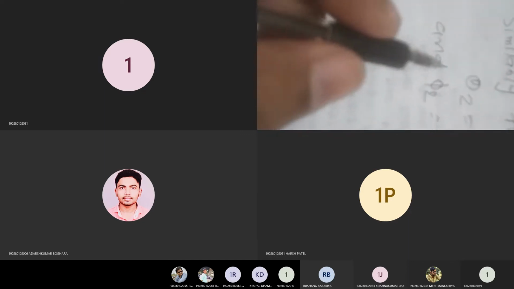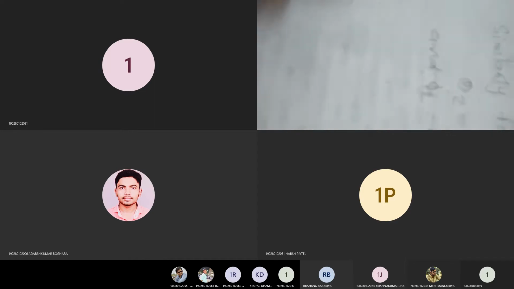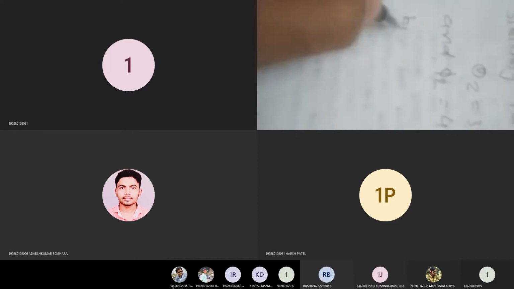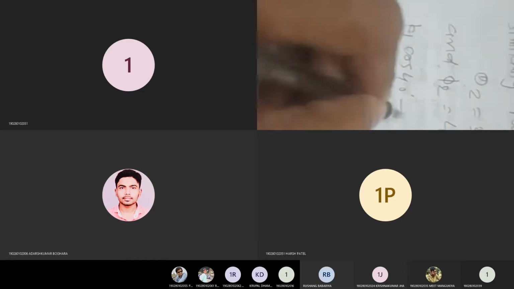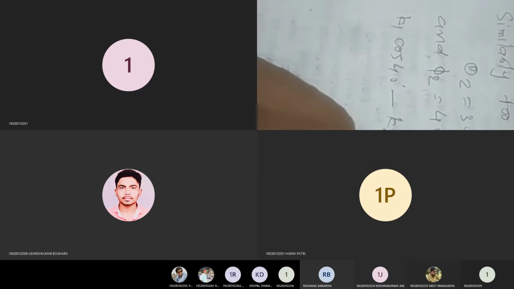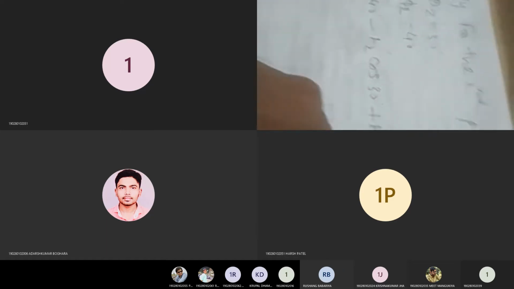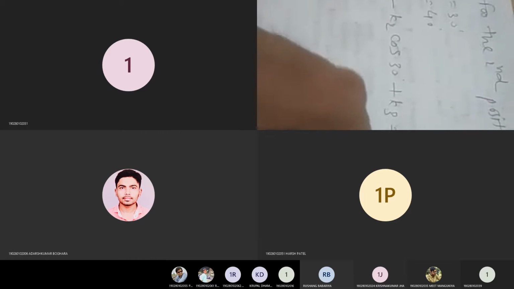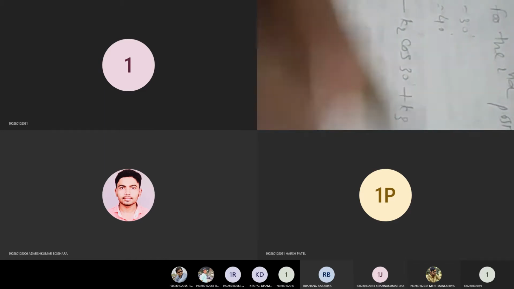In place of theta we put 30 degree, and in place of phi we put 40 degree. So k1 cos 40 degree minus k2 cos 30 degree plus k3 is equal to cos(30 minus 40 degree).